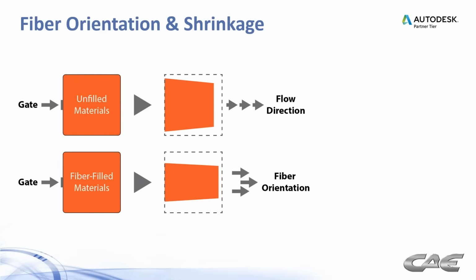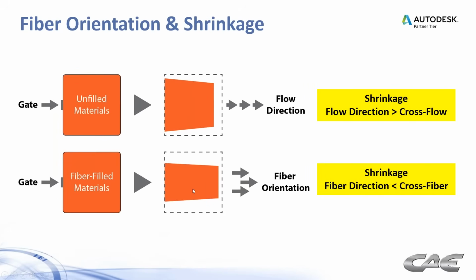On the top example here, we have an unfilled material, and you see the flow direction there. The shrinkage in the flow direction tends to be larger than that cross flow. But when we go to a fiber-filled material, the shrinkage in the fiber direction tends to be less than that of the cross fiber, and the magnitude of difference, the ratio of the difference of the shrinkages in the different directions, tends to be much larger.